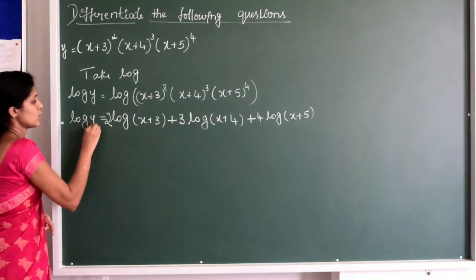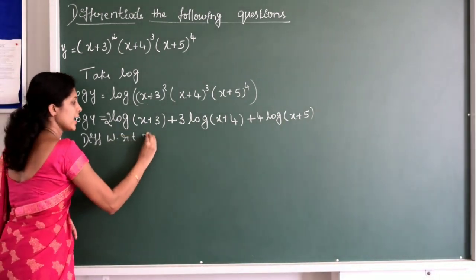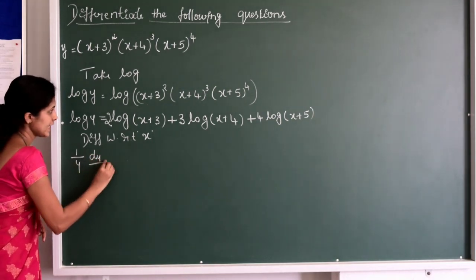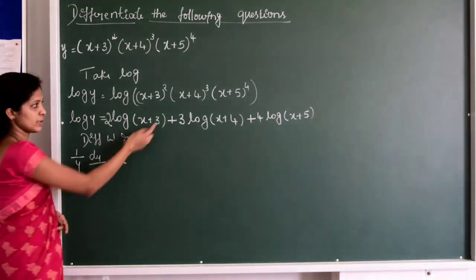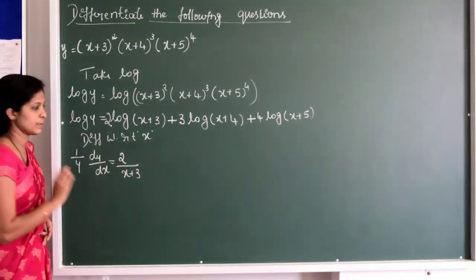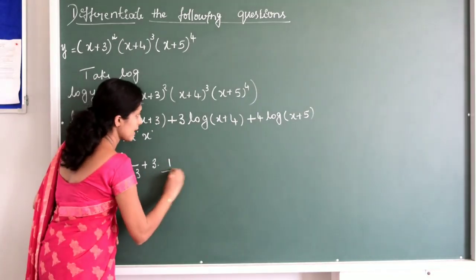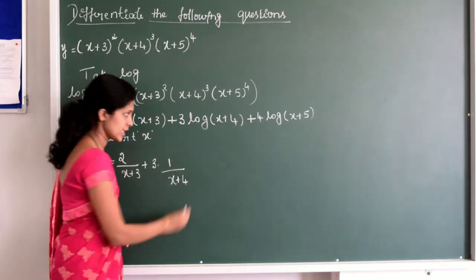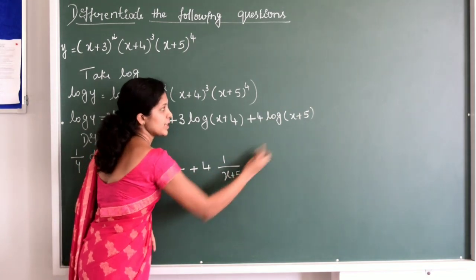So log y is equal to, differentiating with respect to x. Derivative of log y is 1 by y into dy by dx is equal to 2 is constant, derivative of log of (x plus 3) will be 1 by (x plus 3), so this is now divided by x plus 3 and derivative of x plus 3 is 1, plus 3 into log of (x plus 4), it is 1 by (x plus 4) and derivative is 1, plus 4 into 1 by (x plus 5), derivative of x plus 5 is 1.